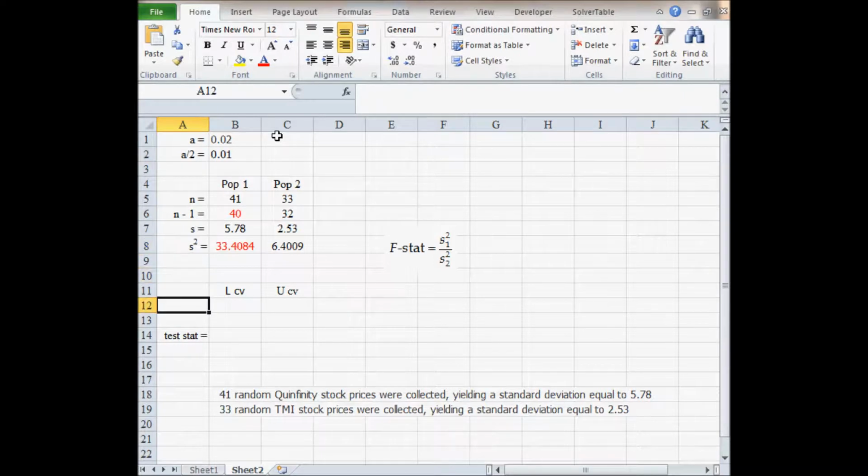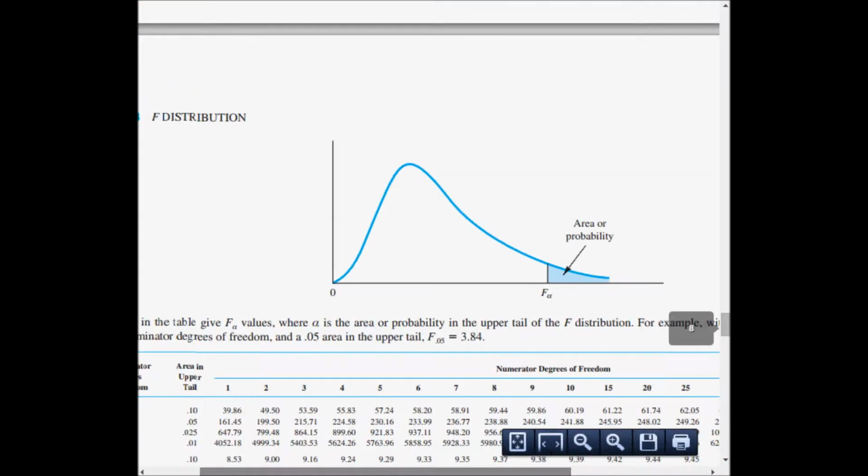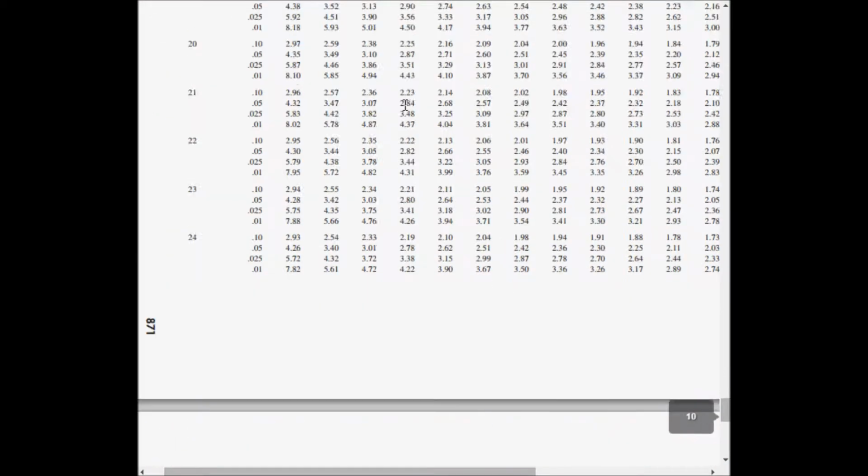To get the upper critical value of the test, we have to go to row 0.01 and 32. Here's the F table. Row 32.